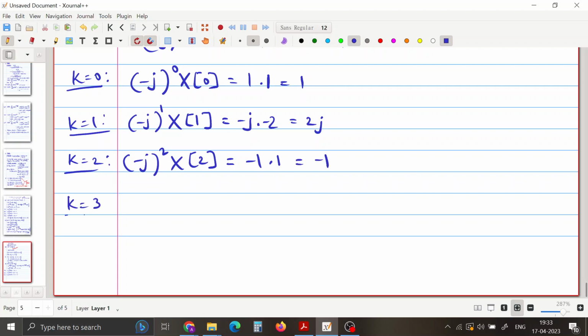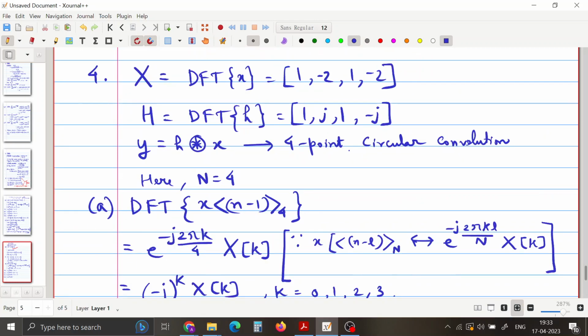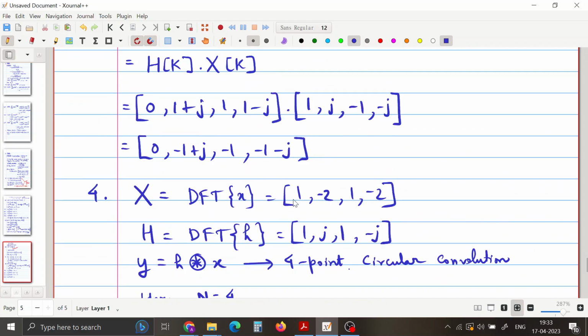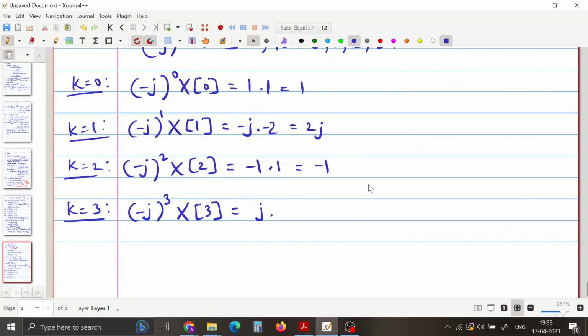And finally, for k equals 3, we have minus j raised to the power 3 is j, and cap X of 3 is the last DFT coefficient, which is minus 2. So it is minus 2j.